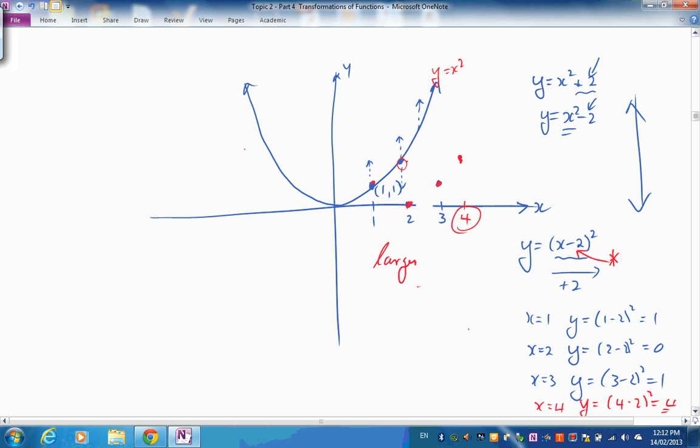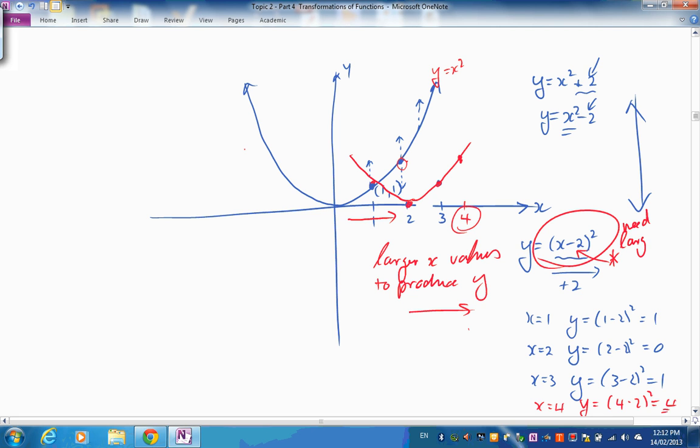larger x values to produce the y. That is, we've got to go further this way to get our curve like that. It's actually been moved this way. Why? Because over here in this function we need larger x values, because what are we going to do?